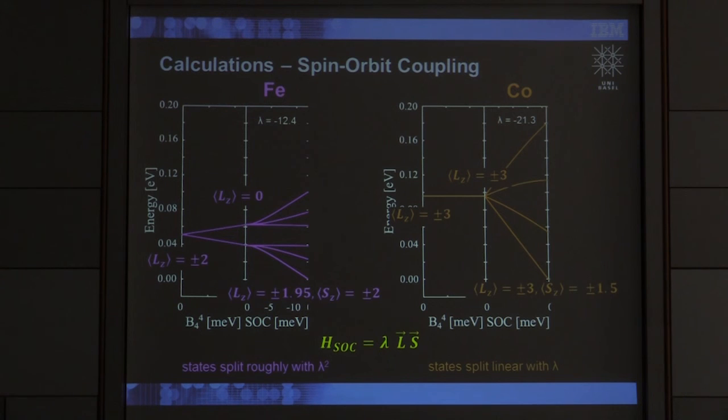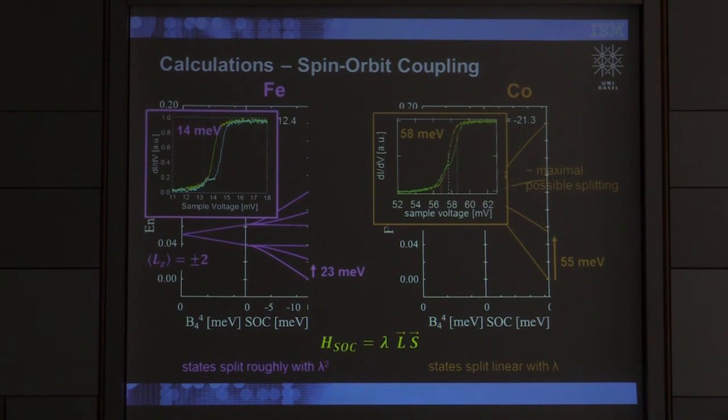Pretty easy. All right. So the splitting that we obtain is 13 meV between the lowest state and the next excited state at 0 magnetic field for iron, and about 55 meV for cobalt. And I'd like to remind you that the experimental result was 14 meV for iron and 58 meV for cobalt.